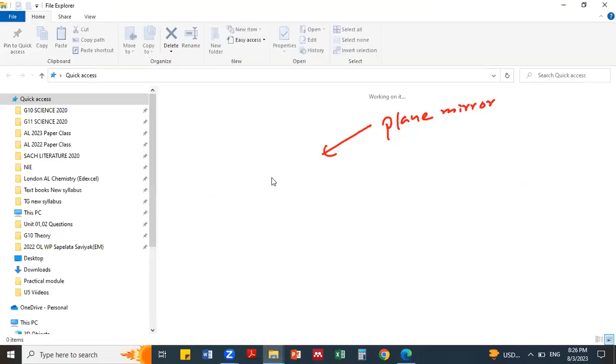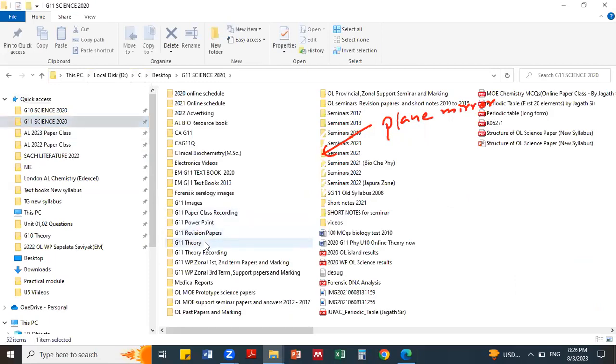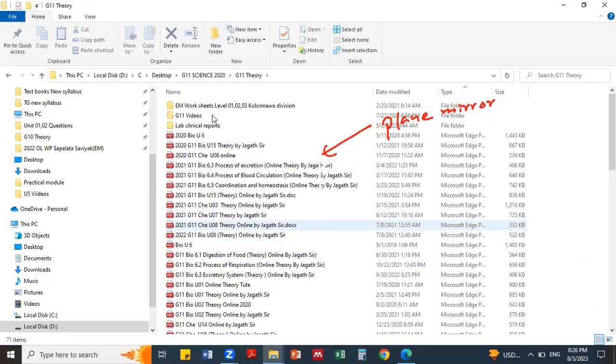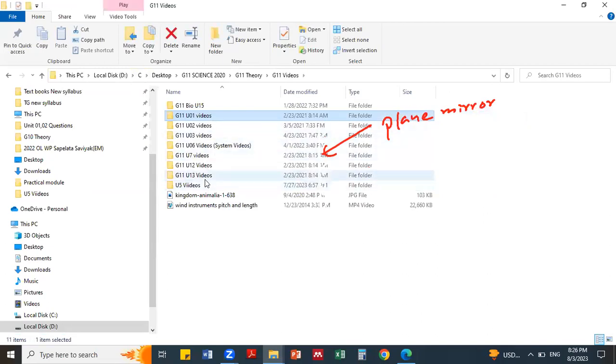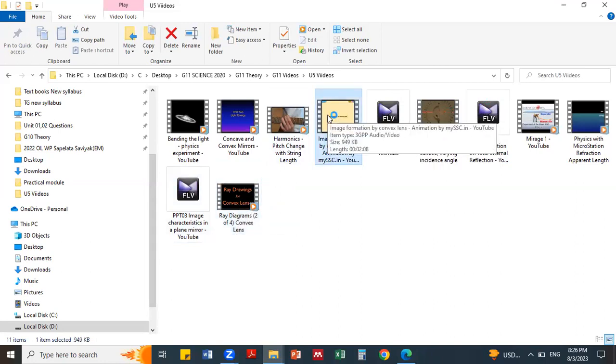Ray diagram for convex lenses. Now next we have to start convex lenses.